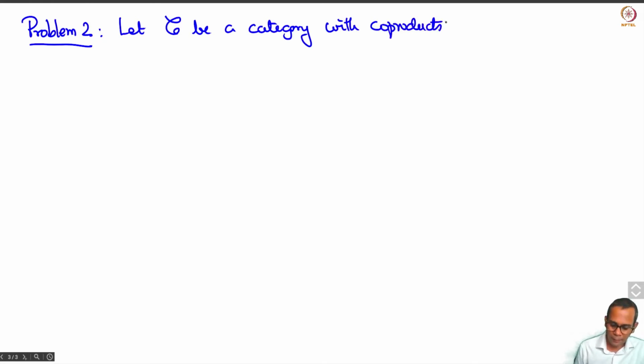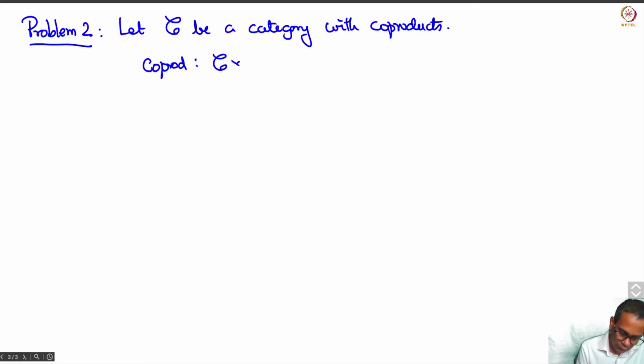Which means that given any two objects A and B, you have a coproduct which we denote by A plus B, right? Now we have a functor coprod. We can think of coproduct itself as a functor.